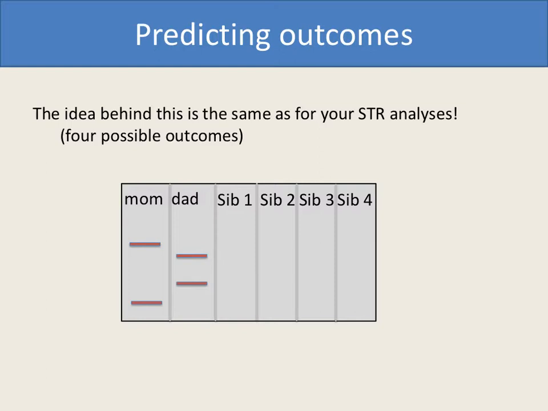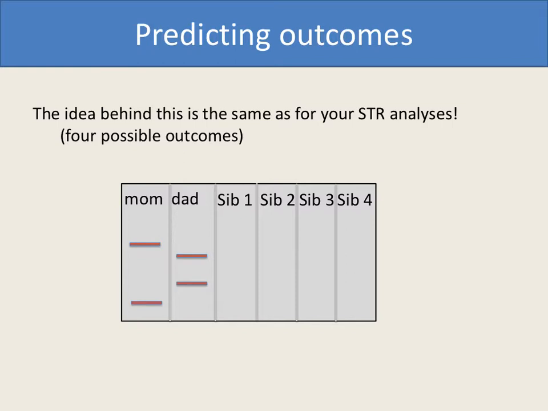Now, if you remember, we did this before with STRs. There's the same sort of thing going on in terms of the way alleles are inherited. Since mom and dad are diploid, they each have 2 alleles, and the siblings have 2 alleles, maybe the same, maybe different.